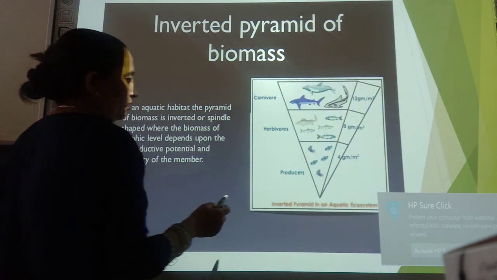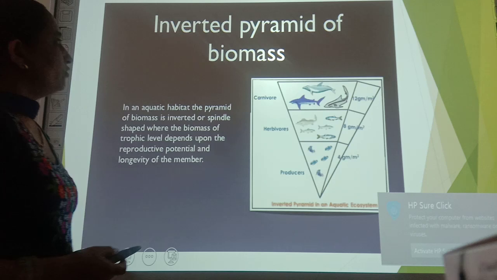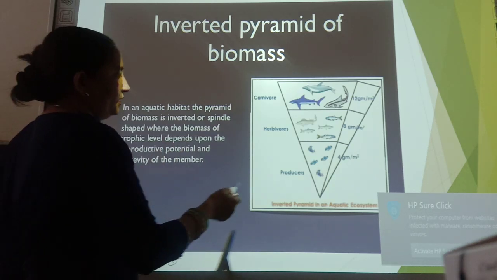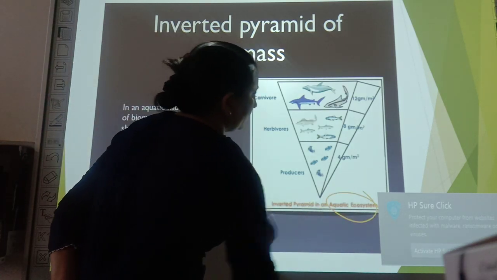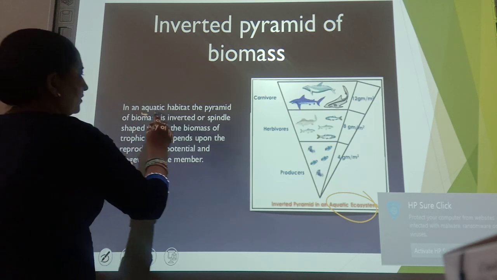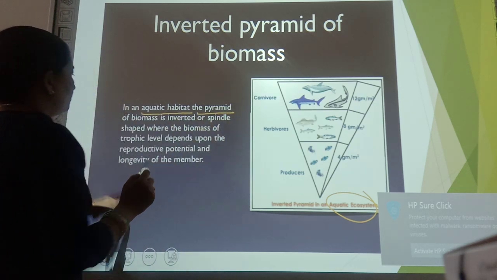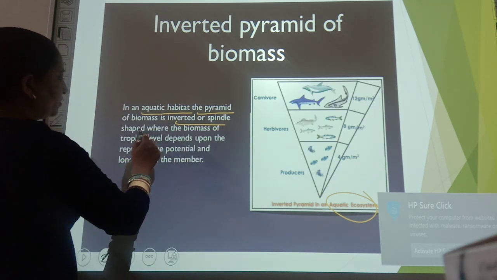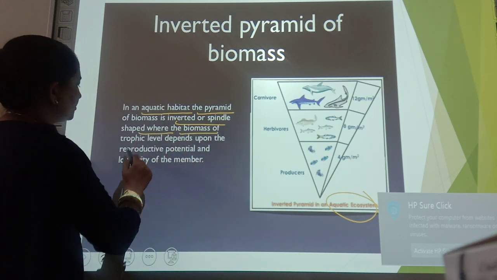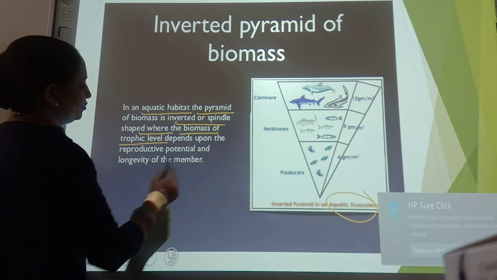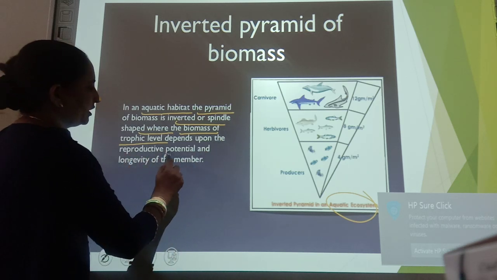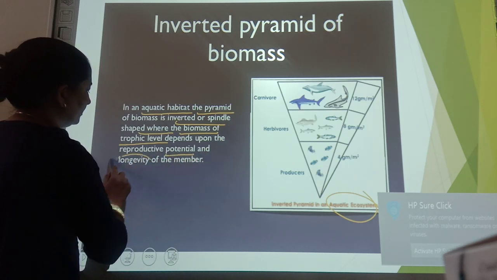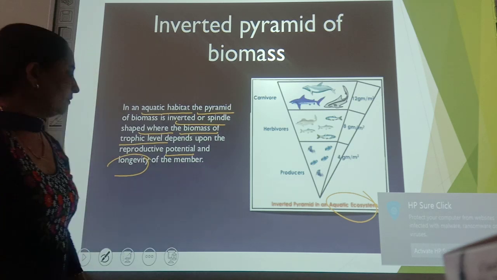The pyramid of biomass may be inverted in the case of an aquatic ecosystem. In an aquatic habitat, the pyramid of biomass is inverted, or it may be spindle shaped, as the biomass of a trophic level depends upon the reproductive potential and the longevity of the members.